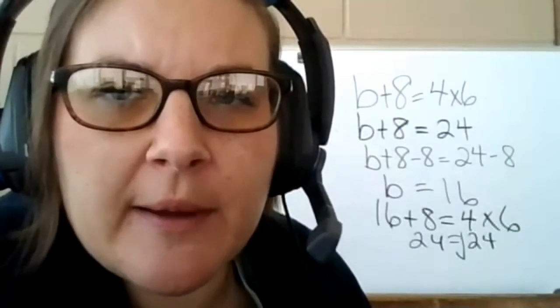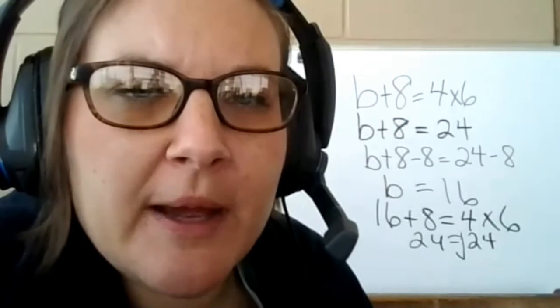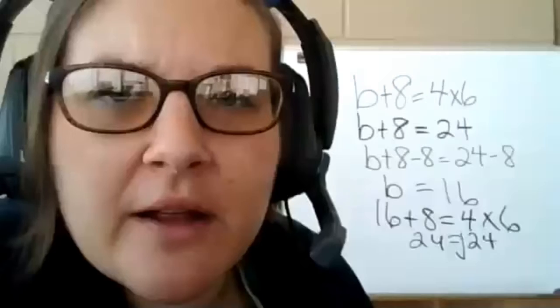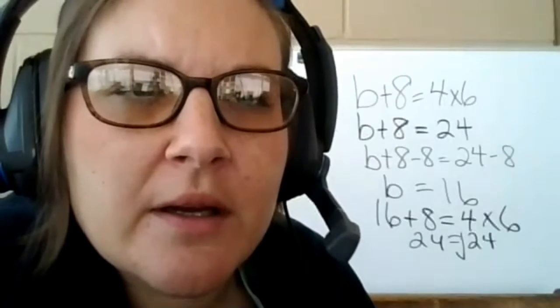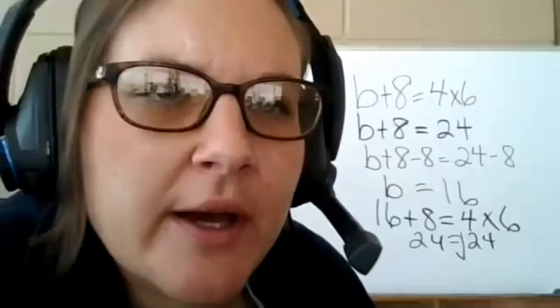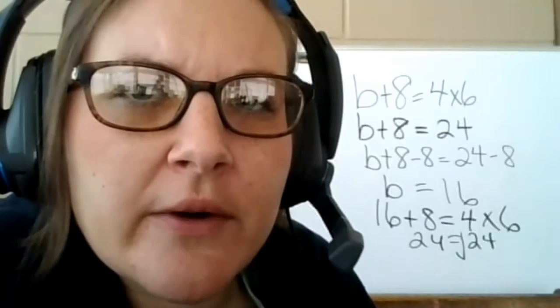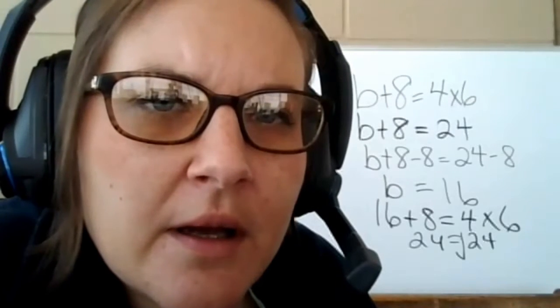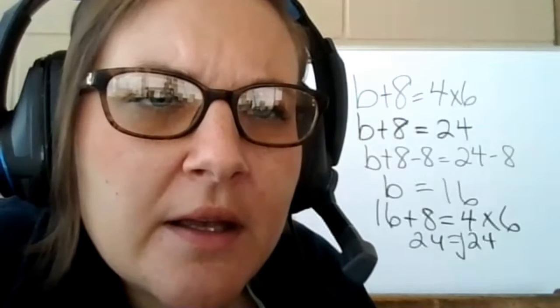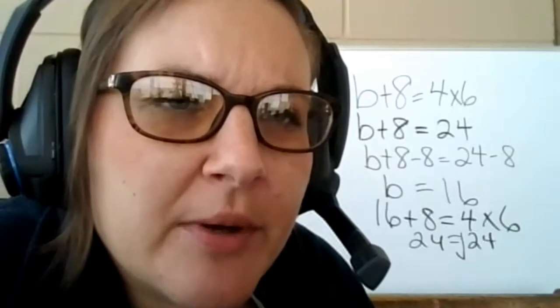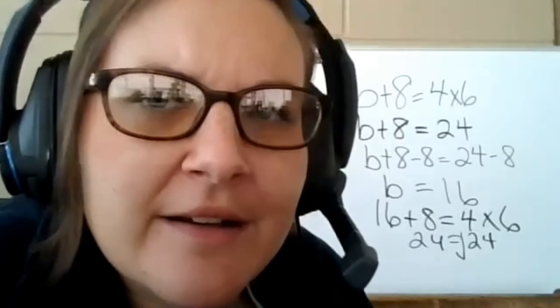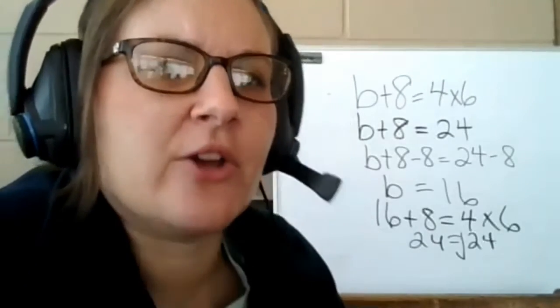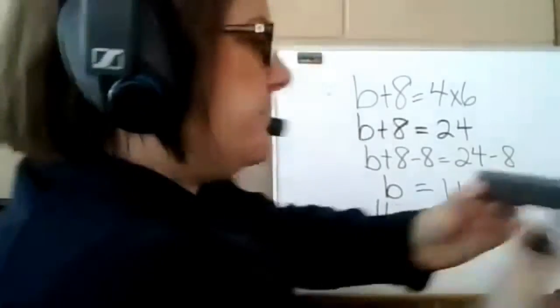Okay, I'm seeing a couple papers. Some of you are showing me a different problem. We're on letter A. Okay, good. All right, letter B. We'll do one more together, and it looks like you guys moved on, just to make sure you understand how to do it.